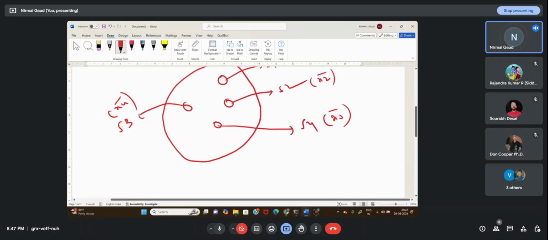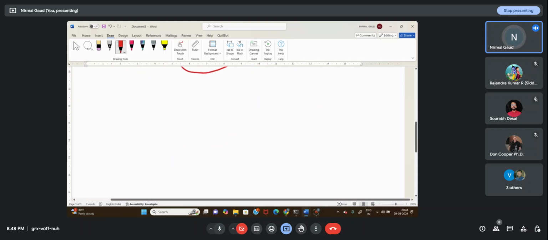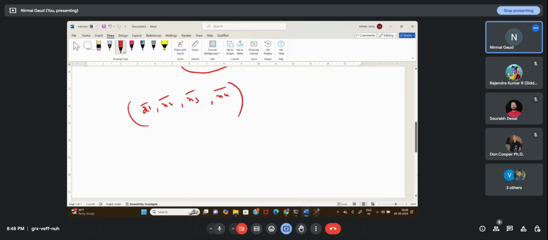So according to the central limit theorem, these sample means, if I plot them, will look like a normal distribution. That's what it is saying. A very important property, the central limit theorem.